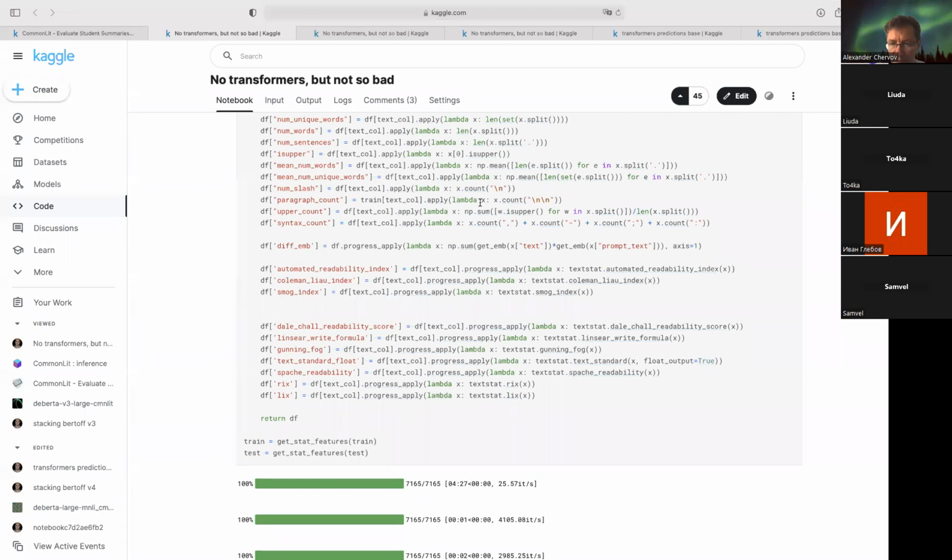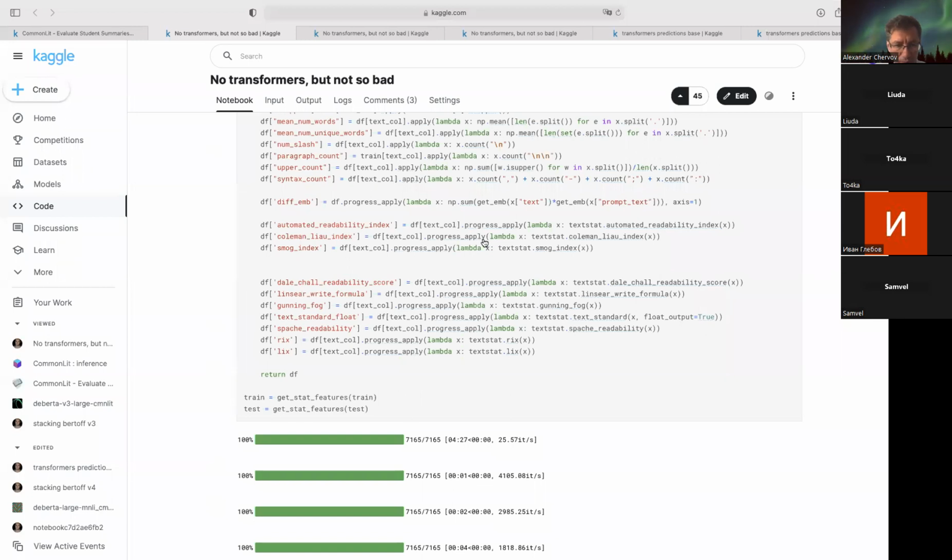Oh, okay. I just did not use transformer embeddings in this notebook. Here I only have a cosine distance between embeddings, but not the embeddings from text exactly. The size of these features is 1. If I use the embedding vector from text, my final amount of features will be about 700. It's a lot of features, and with a not so big training data set like ours, because our data set has only about 7,000 samples, yes, you can overfit your model.